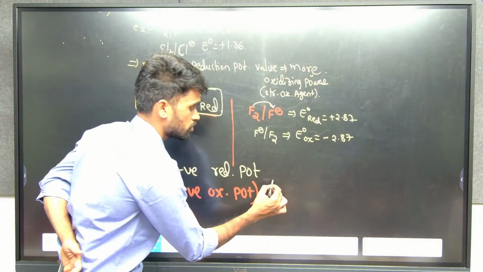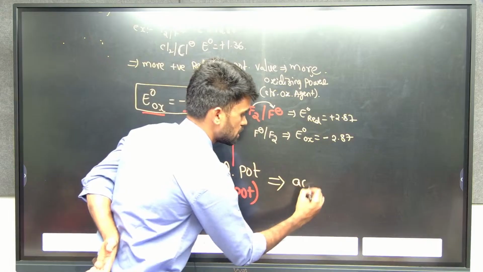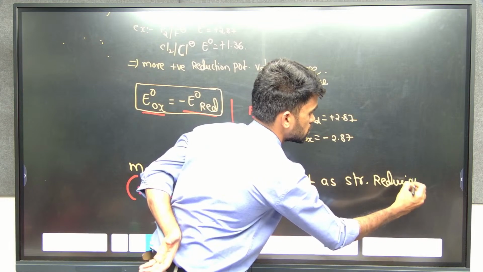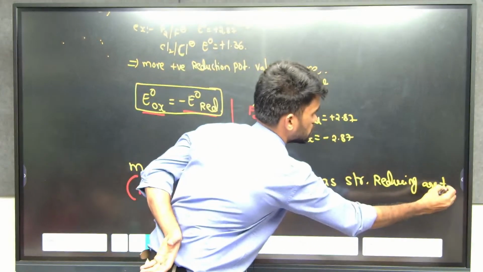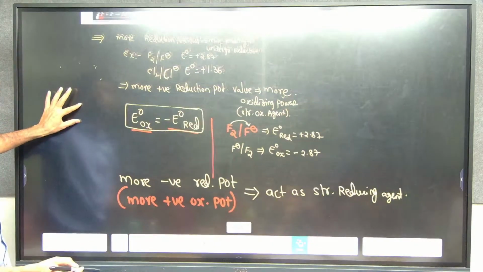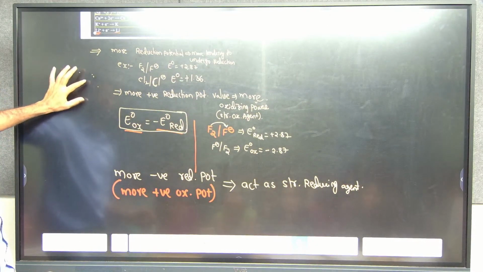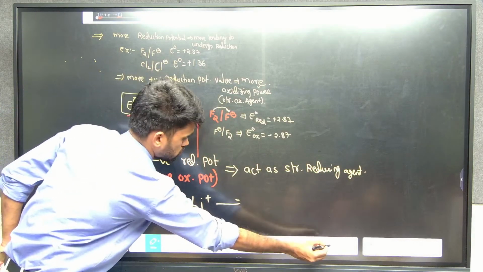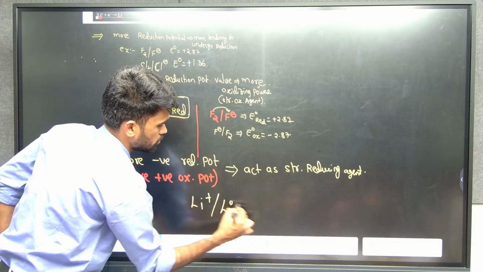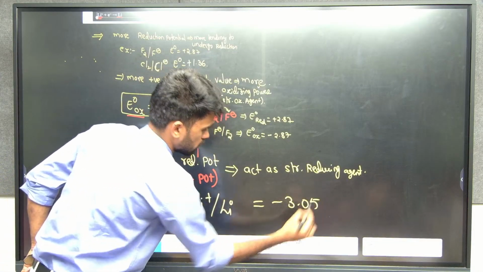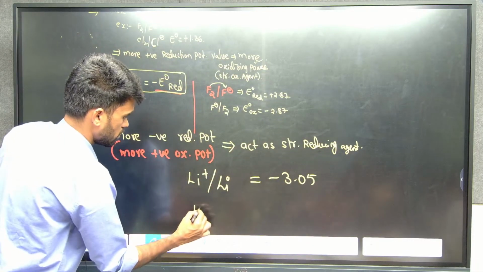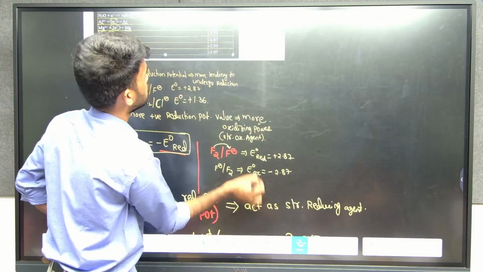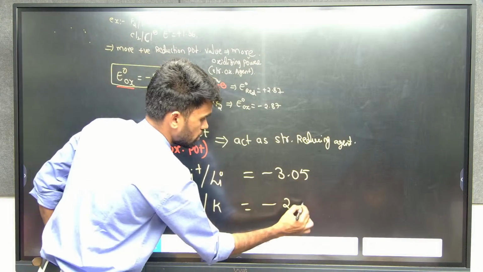Can I say that for lithium, it acts as a strong reducing agent? So I am writing lithium plus converting into lithium, minus 3.05, K plus converting into K, minus 2.93.